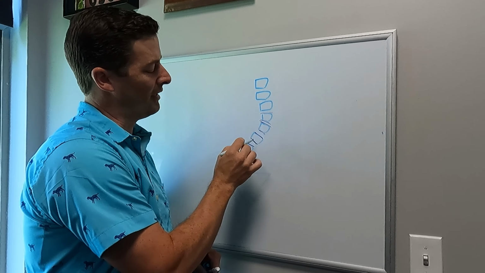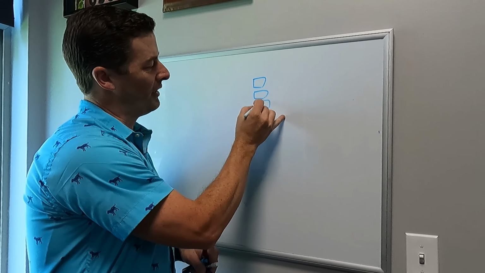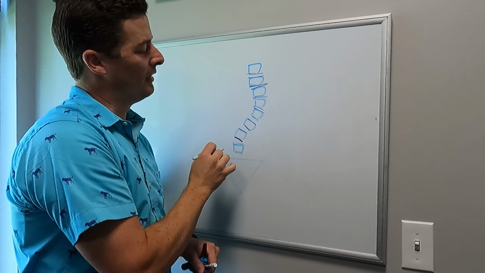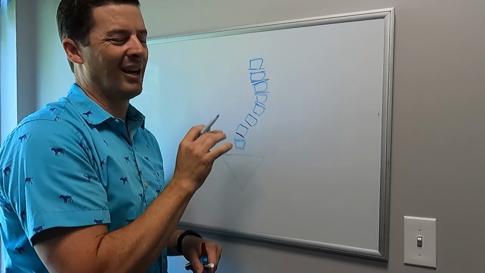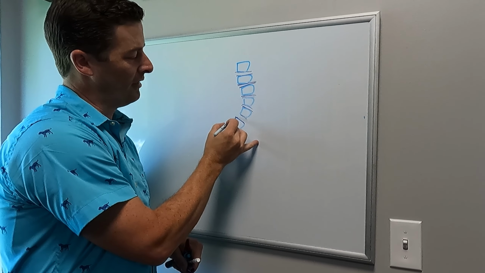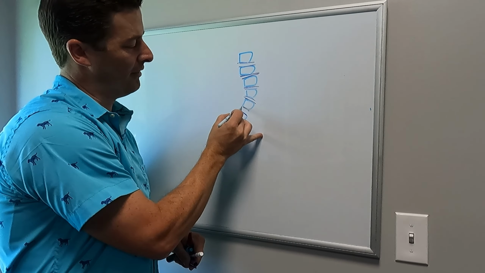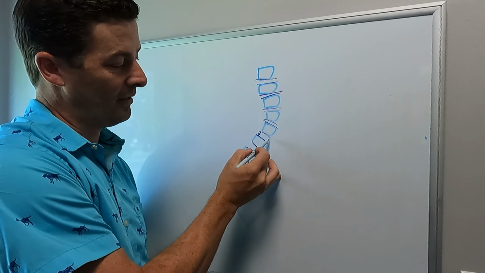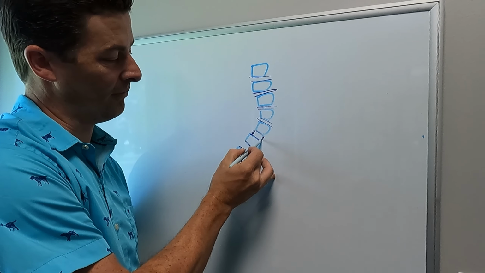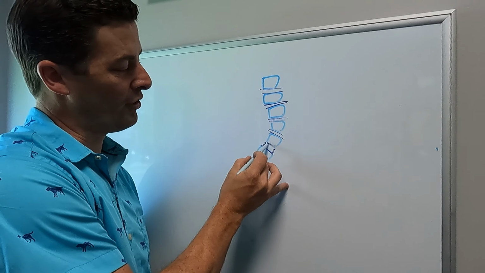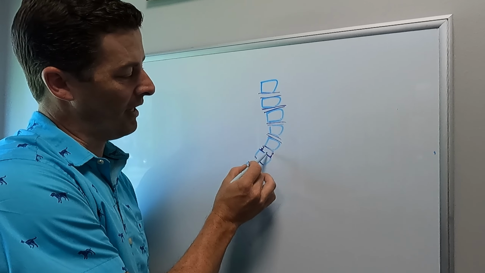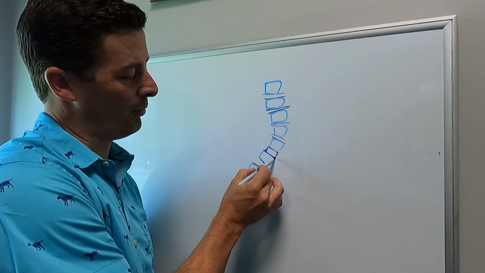grow. And it's interesting because as the child grows, these end plates grow uneven, because on this inside, this space here is not as big as this space is here. So there's more pressure on this side of the end plate than there is on the outside of the end plate.